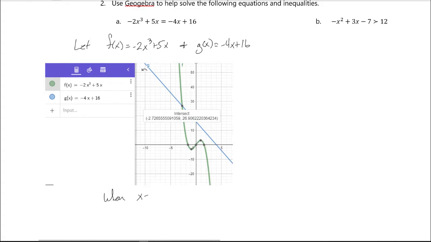When x is approximately negative 2.7266, both f of x and g of x output approximately 26.906.